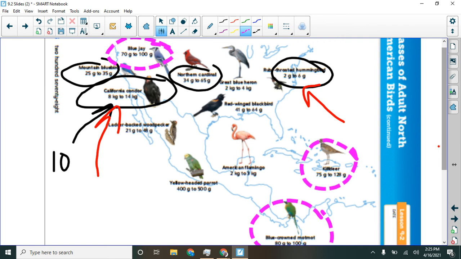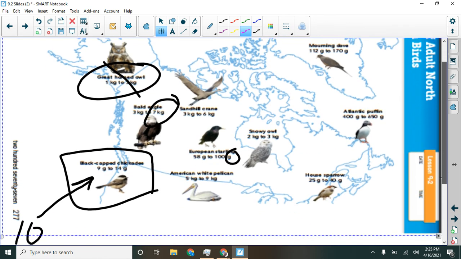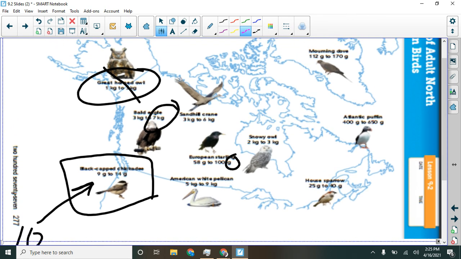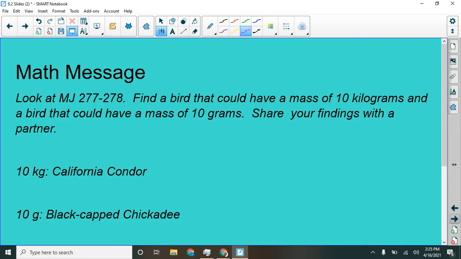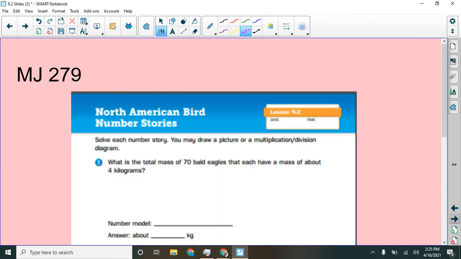Let's see if there's any on the other page. You didn't have to pick all of these, but you had to find one. We're looking for something that could be 90. Anything here? Almost, right? Not quite the mourning dove because it's a little too big. There's one. European starling. Those birds are not my favorite because they come and eat all my bird food. They steal it from all the other birds.